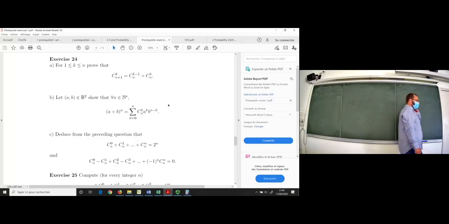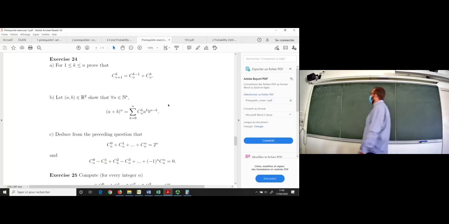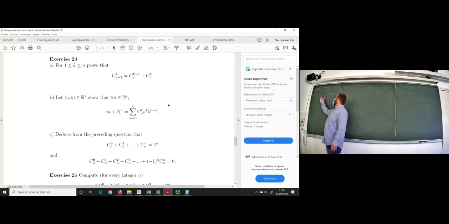It's explained in the second part of the slide of the prerequisites. So why is this a special number with a particular name, C(n,k)? Because from a concrete aspect, we have a sense for this number. It represents the number of possibilities you have to choose k elements among n without order and without repetitions.